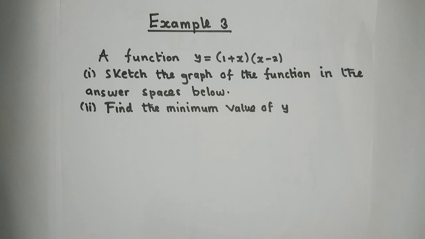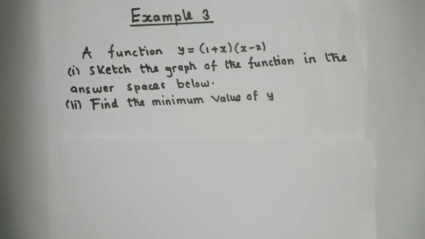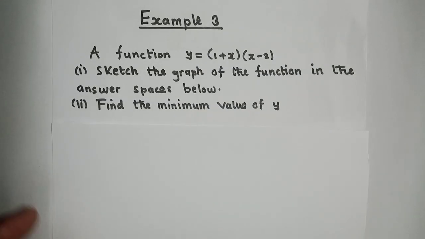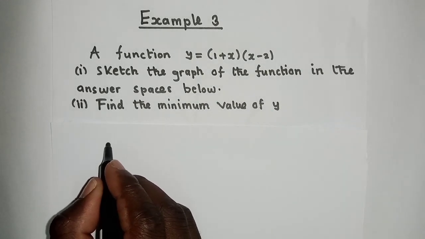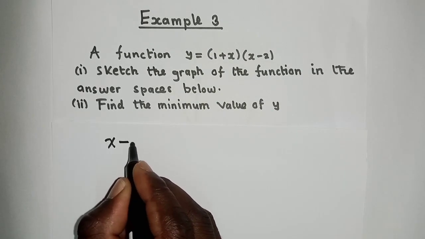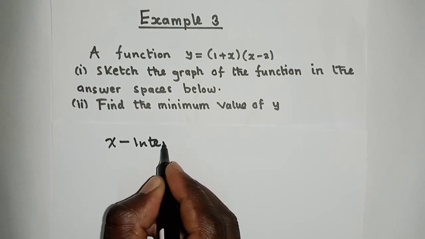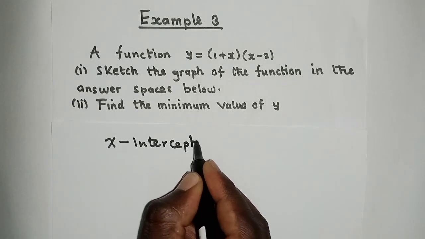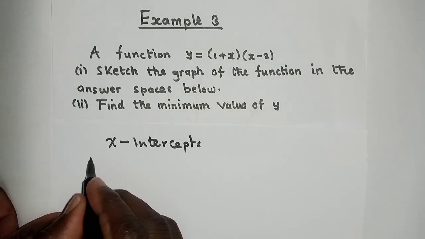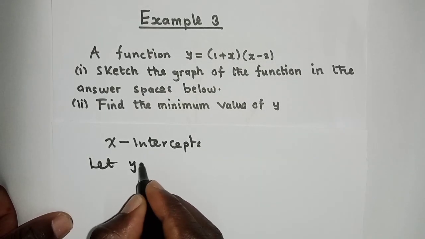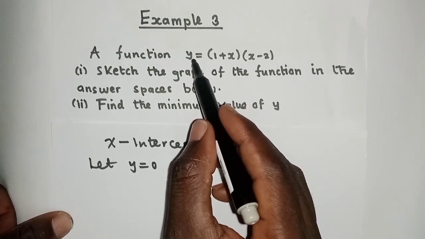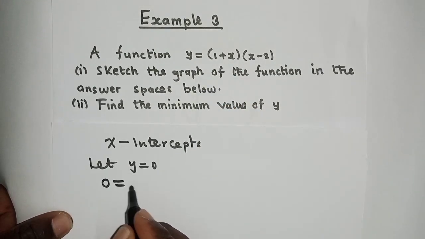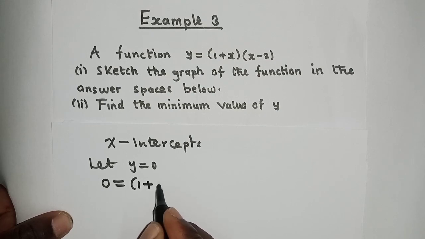All right, so for the x-intercept, we will let y be equal to 0. So in our function here, where y is, we put a 0. So we have something like this.